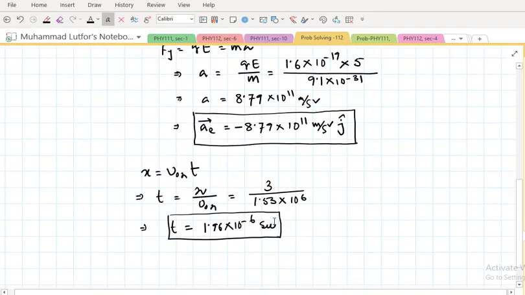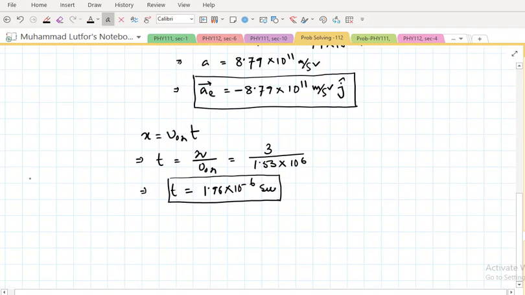Fine. Now I'm going to find the vertical component of the velocity of the electron at a time 1.96 microsecond later.